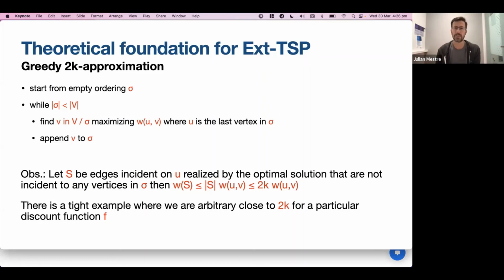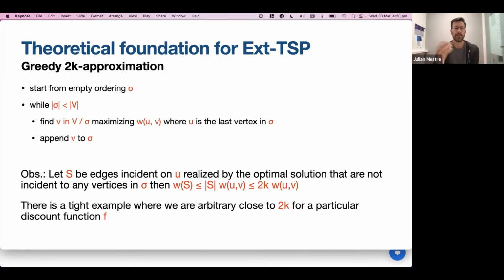So we wanted to understand what is the performance guarantee of this, and we were able to prove that this is a 2K approximation. All right, and the observation for getting that is that if you pick a node, so when you're going to add this node V and you look at this node U, then there are some edges in the optimal solution that you are kind of giving up on, yeah?